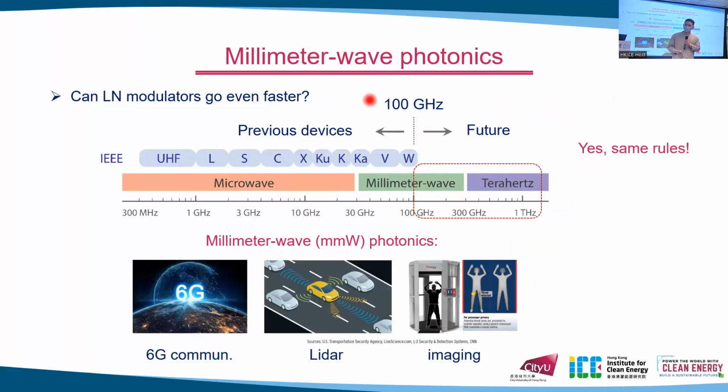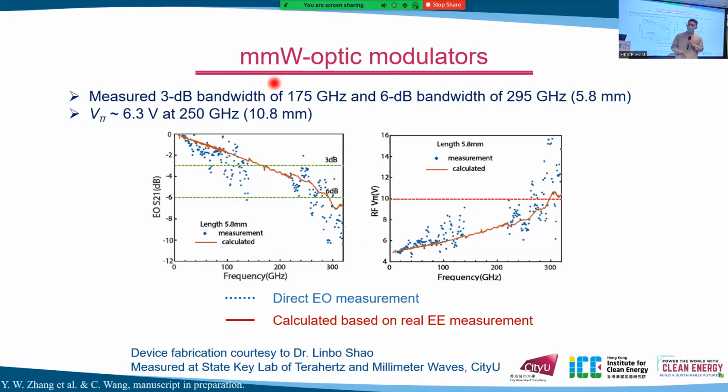So for the question, can the modulator go faster? The answer is yes. It sounds simple, but this is more difficult because the millimeter wave is harder to control. However, by some optimization, we realized this millimeter wave optical modulator. This picture shows the measured data.